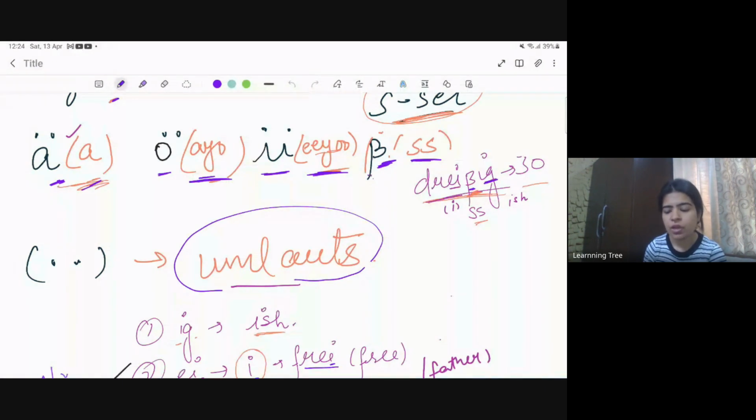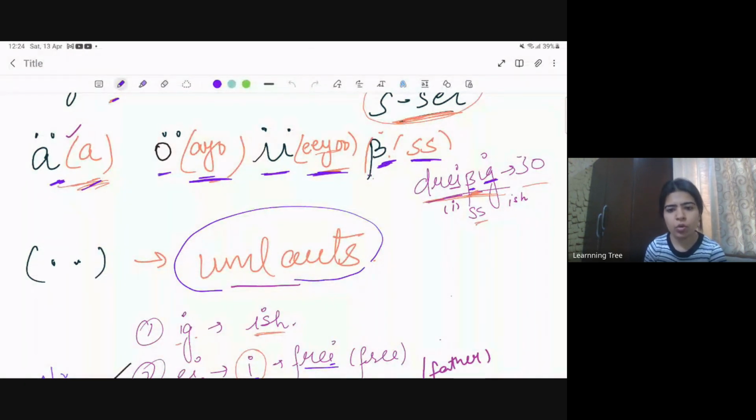A umlaut is pronounced as A, O umlaut is pronounced as AO, and U umlaut is pronounced as EU.